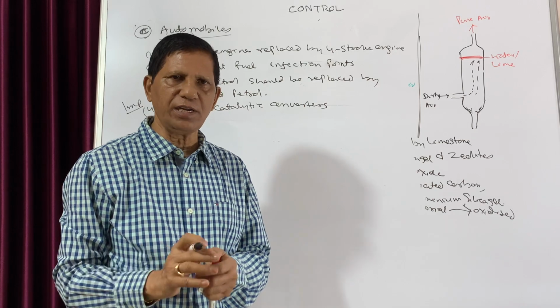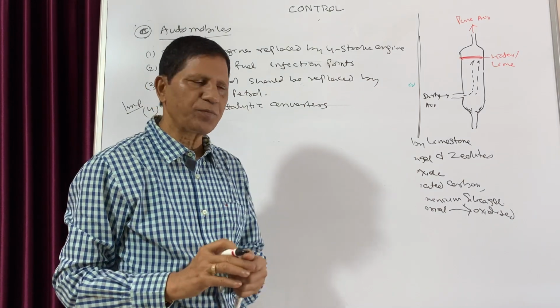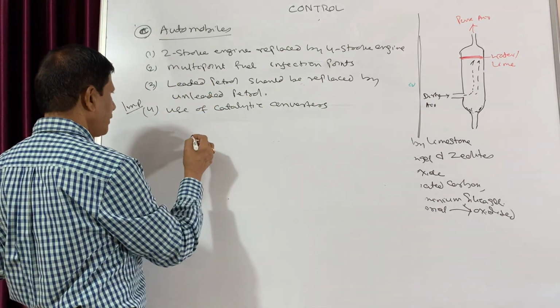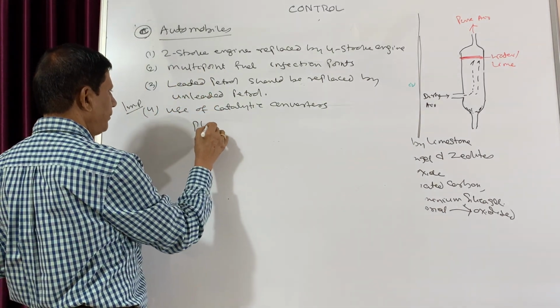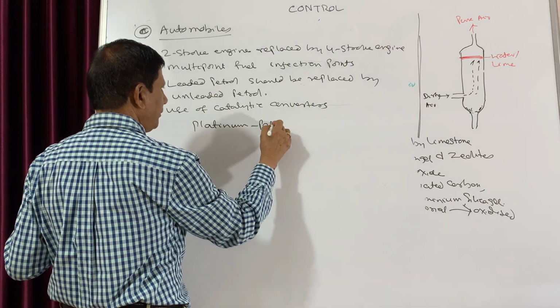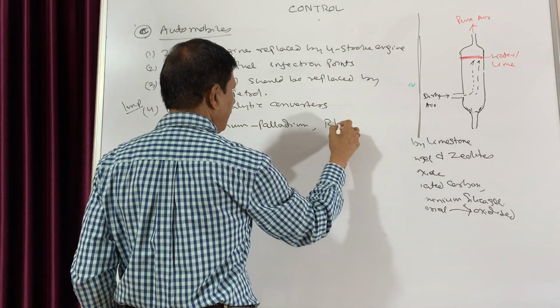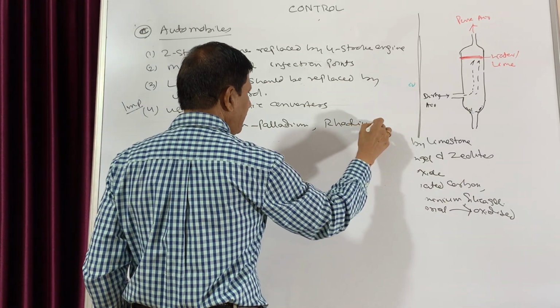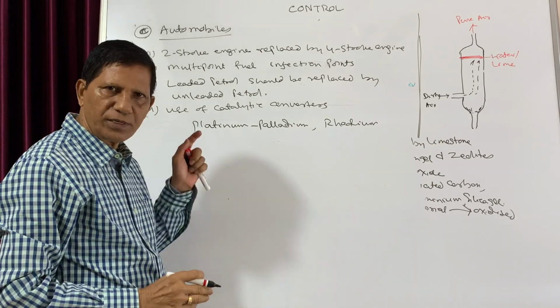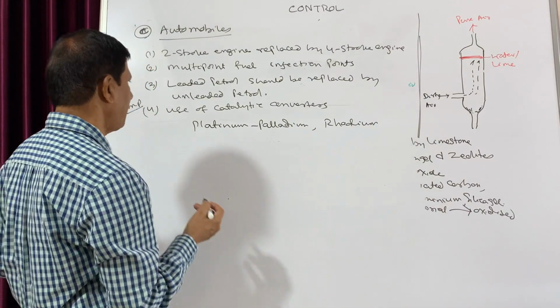These are costly, but very essential from the point of pollution. Usually the catalytic converters are platinum, palladium, and also rhodium. When these converters are fitted to engines, either two-wheelers or three-wheelers or four-wheelers, what happens?